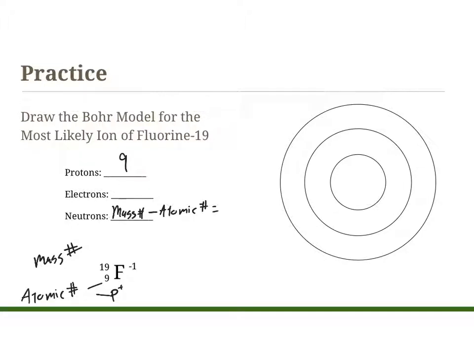So that's going to be 19 minus 9, which is 10. So let me just draw what we have first of all before we start talking about electrons. So in this case, I have 9 protons and 10 neutrons, and I'm going to draw the original 1, 2, 3, 4, 5, 6, 7, 8, 9.